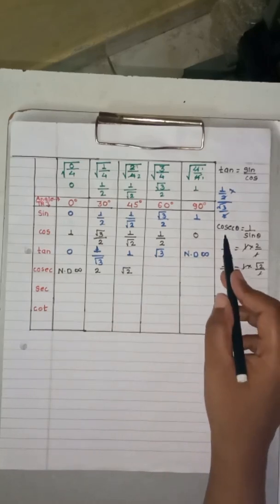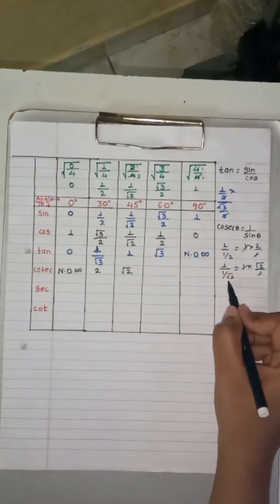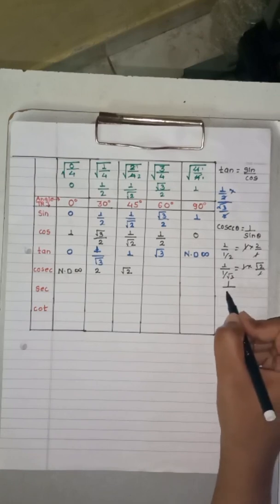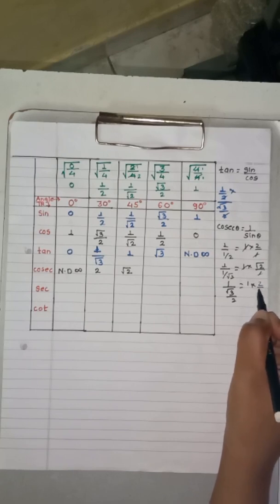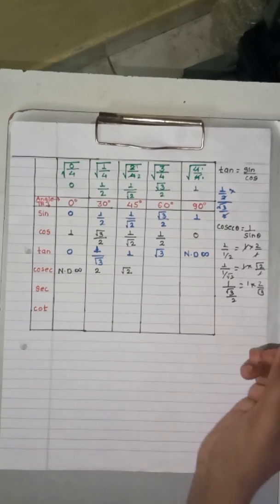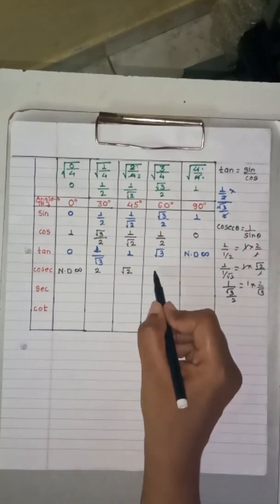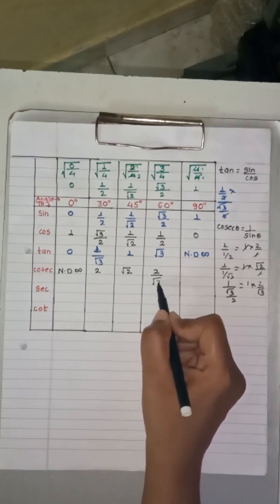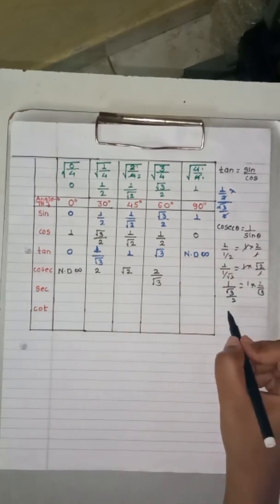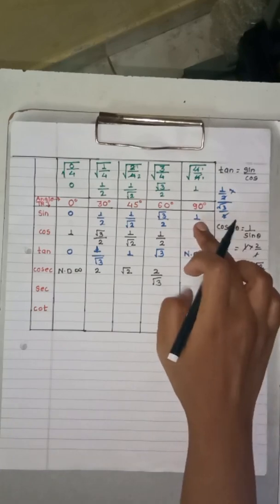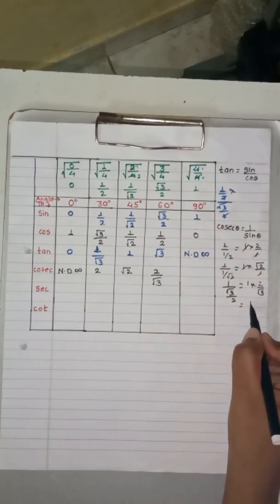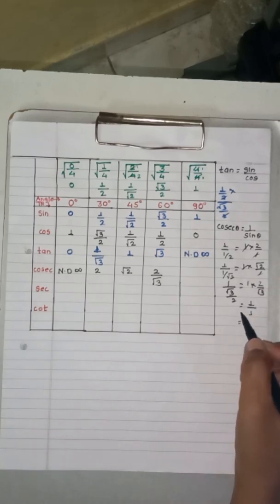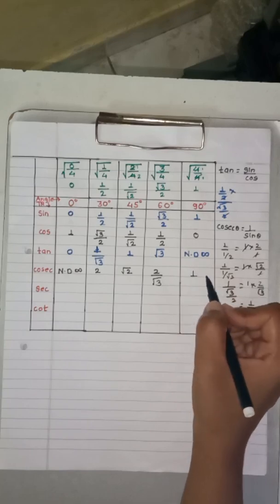Now cosec 60 is 1 upon sin theta, so 1 upon root 3 upon 2, that will be 1 into 2 upon root 3, that will be 2 upon root 3. Now sin 90 is 1. So cosec is 1 upon sin, means 1 upon 1, that will be 1. So here you will get the value as 1.